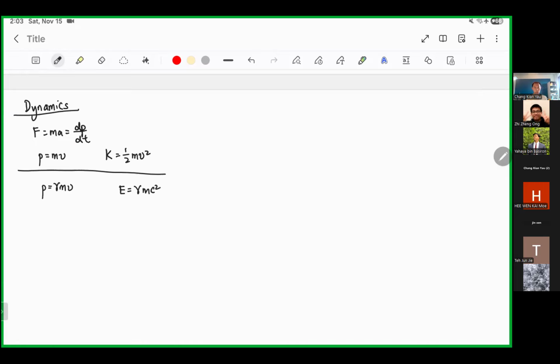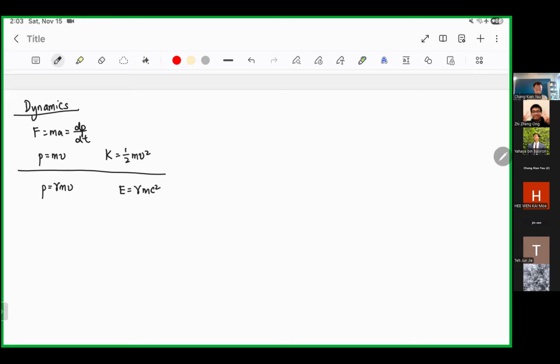Basically, you can look at it this way. What we want for momentum and energy is for them to be conserved in a reaction or collision or whatever, so that we can use them to solve equations and get the velocity that we want. In our case, we need to redefine momentum and energy so that they are conserved and we can use them to solve equations.